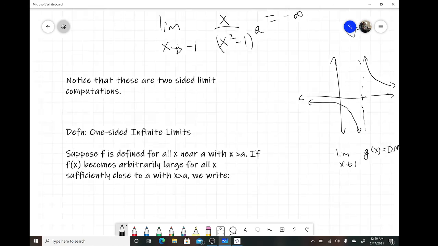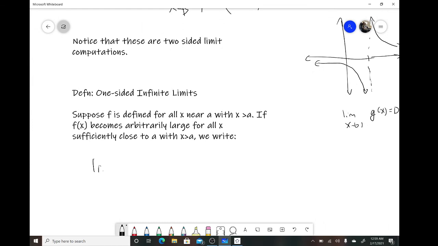We write that the limit as x goes to a from the right side of f of x is equal to infinity.